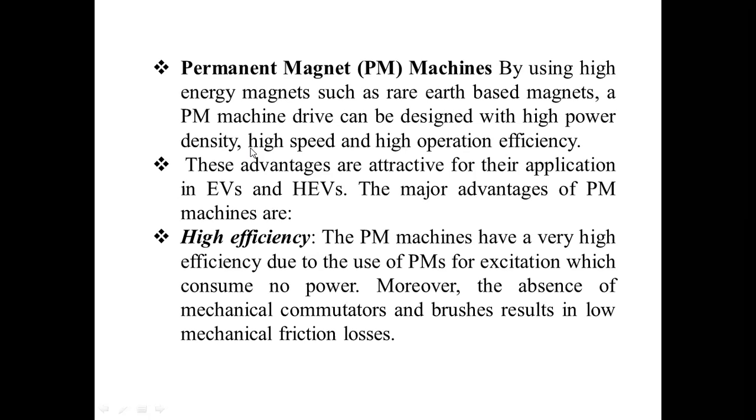Whenever you are using a winding, the size of the motor increases, the field copper losses increase, and the iron losses also somewhat increase. Next one, the absence of mechanical commutators and brushes results in low mechanical frictional losses. This is the best advantage while using permanent magnets and also brushless.